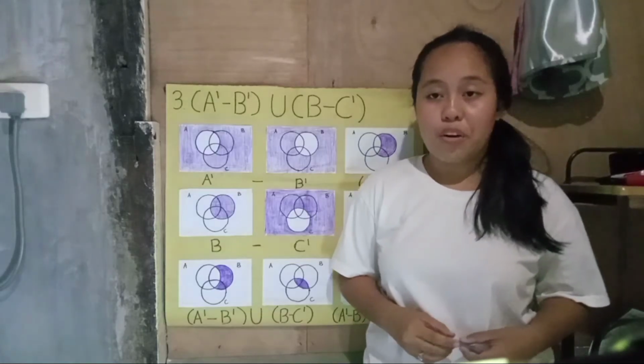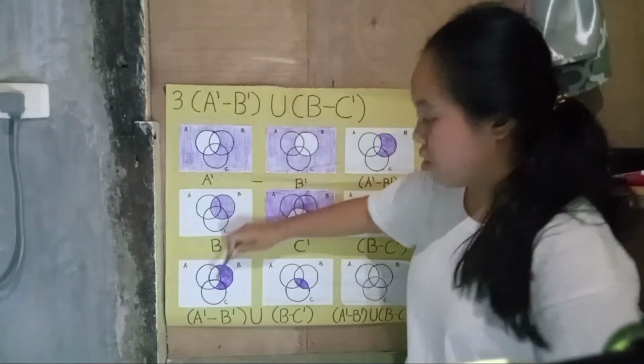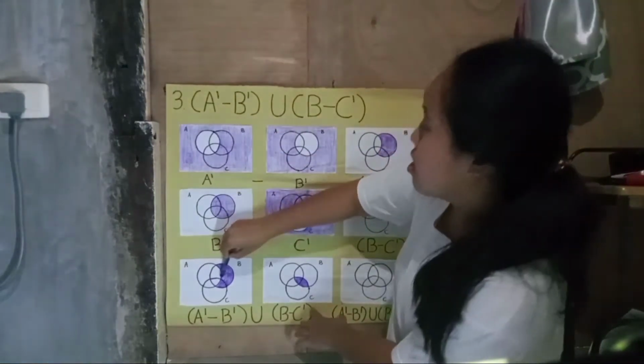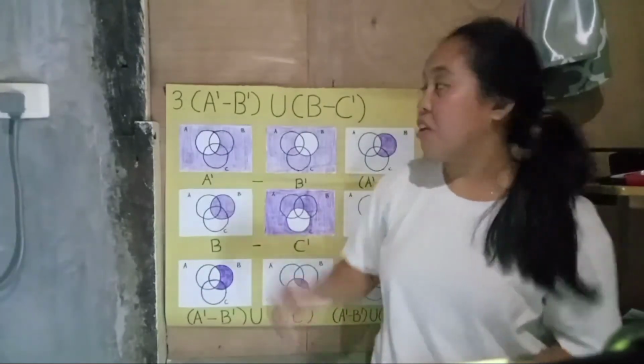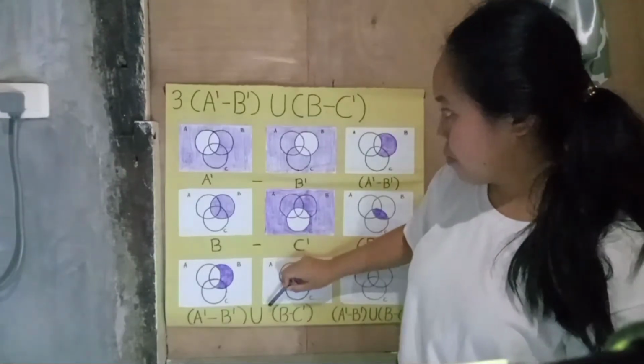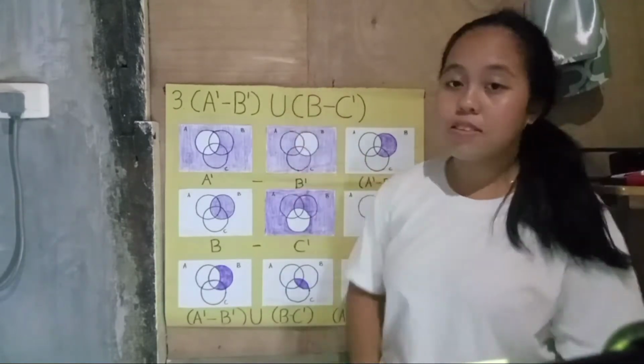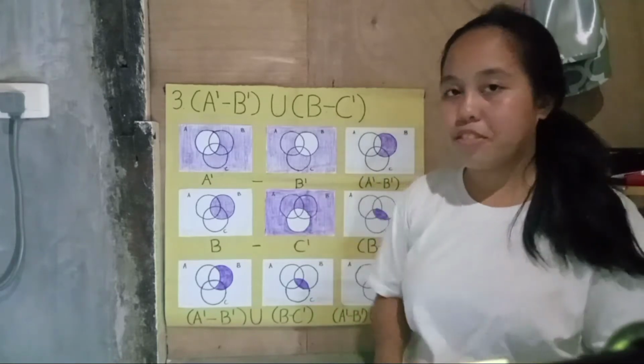Since we have the answer of the identity A complement minus B complement, which is this, it will be added to the answer of B minus C complement, which is this, because this symbol means union. So we have this.